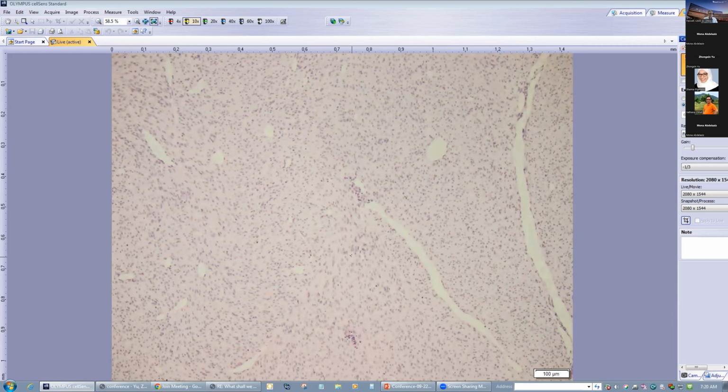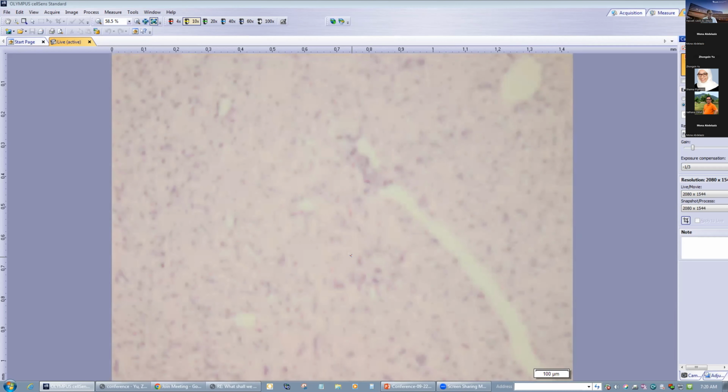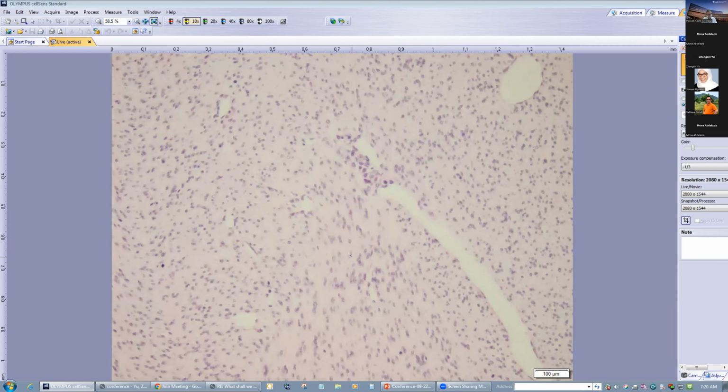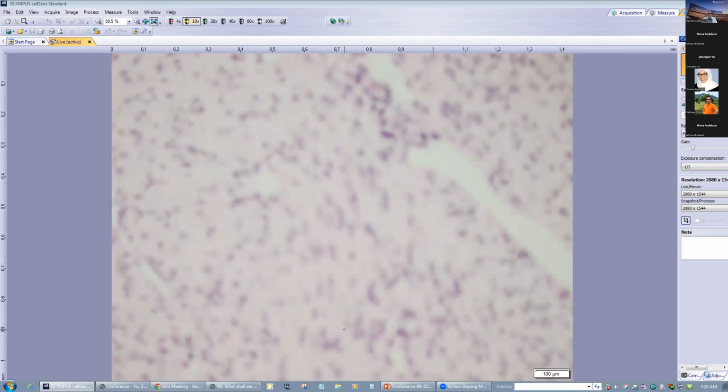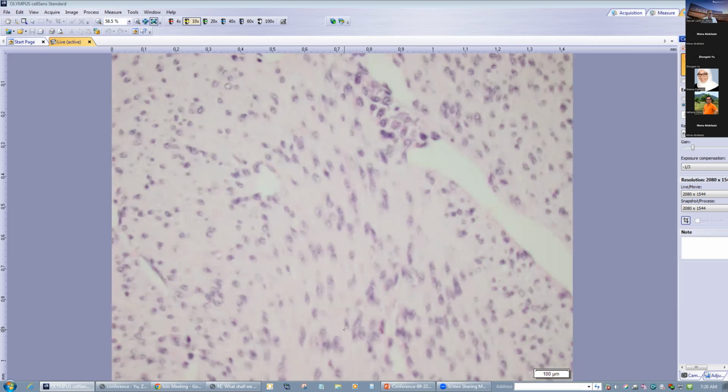In this part, you can see the tumor nuclei are kind of spindled. The pink area looks like collagen. Higher power, that's more for nuclear details. So the bulk of the tumor is spindle cells with pink fibrous collagen.